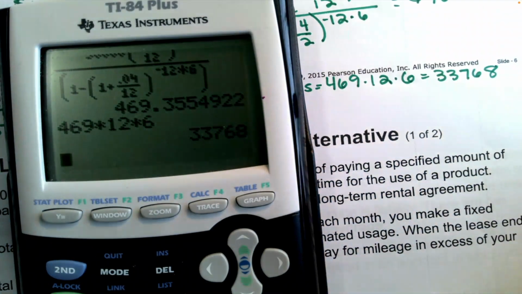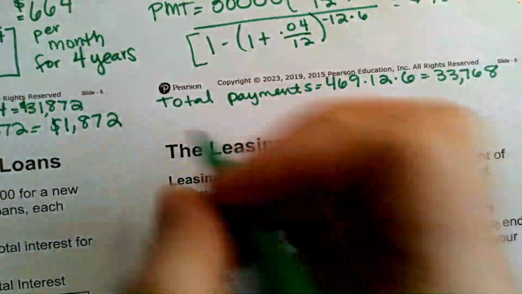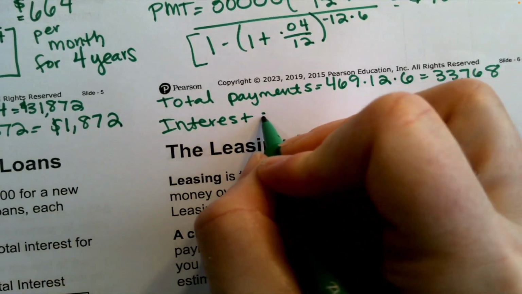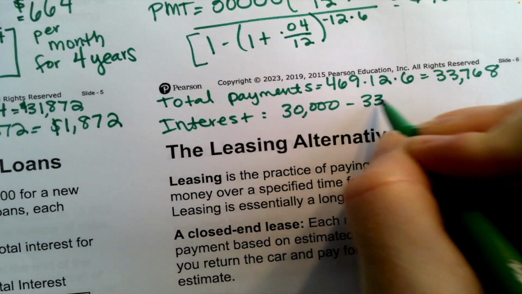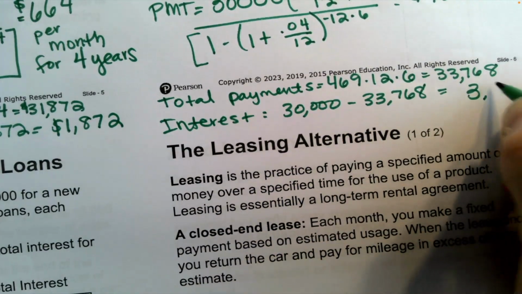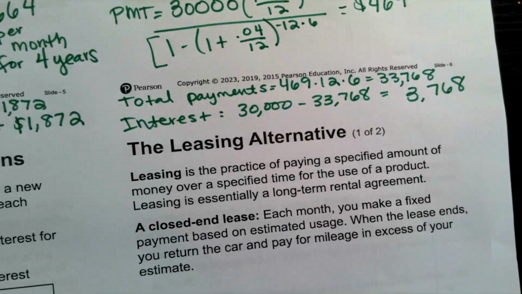Quite a bit different. Okay, then to find out your interest, you'll subtract them. It doesn't matter which order you put it in, you just find out the positive amount. 3,768. That's how much interest.